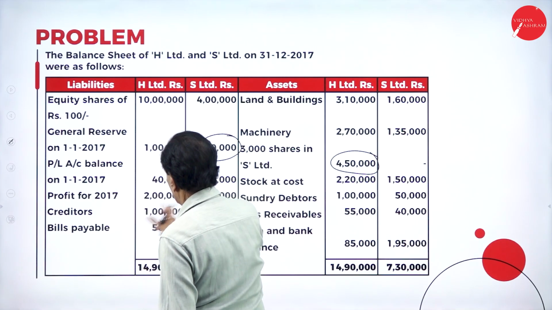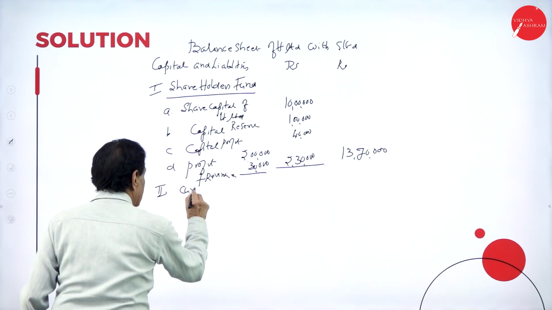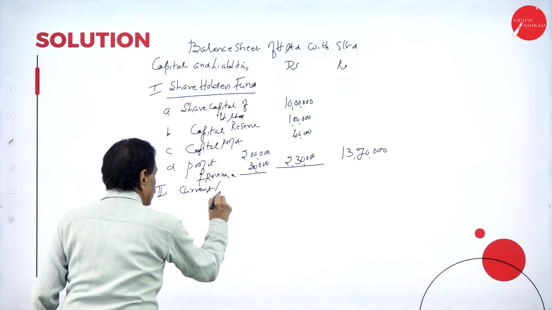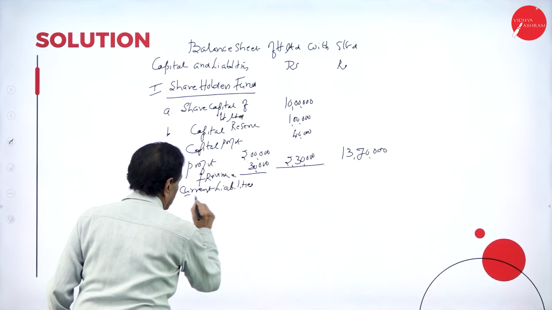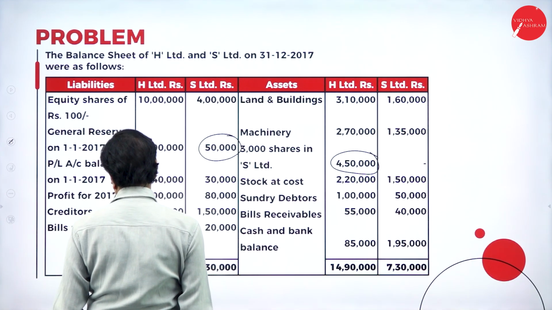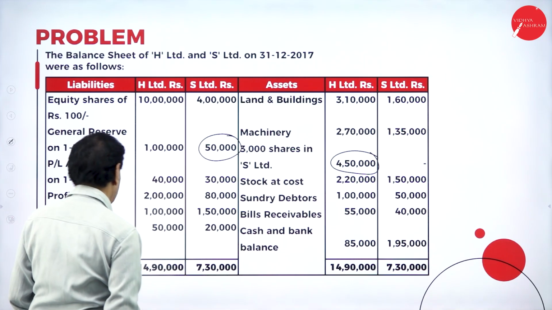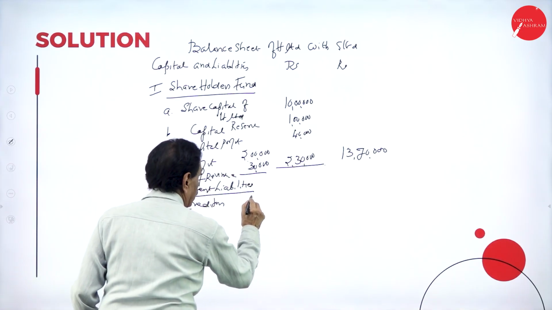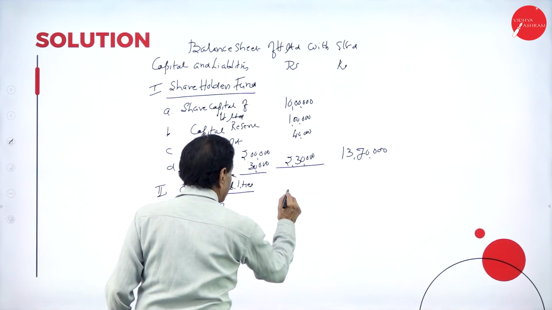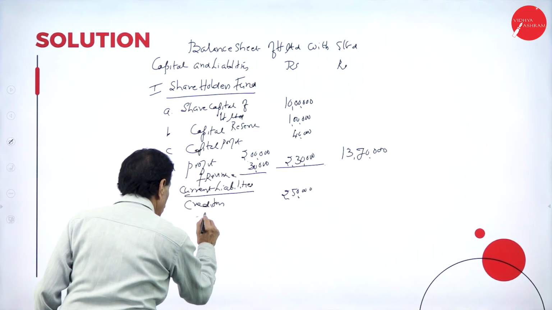See that? No loan. Current liability. Now, first one. Creditors. 1 lakh plus 1 lakh, 2 lakh 50,000. Creditors 2 lakh 50,000 minus mutual.